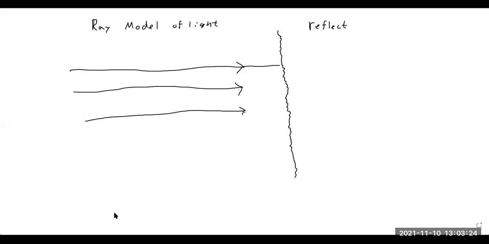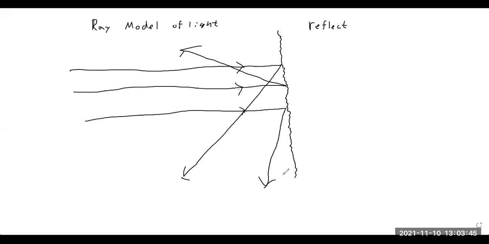So if it comes into a rough surface, the exact angle that it's going to bounce off, for a diffuse reflection, just bounces off all over.